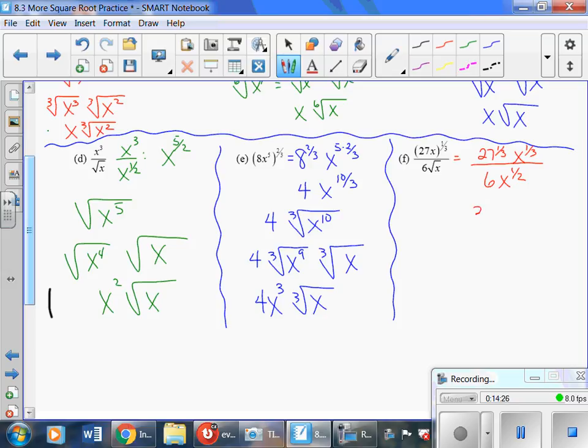So this is 3x to the 1/3 divided by 6x to the 1/2, which is equal to 1 over 2, x to the 1/3 minus 1/2, which becomes, I'm sorry, x to the negative 1 over 6.